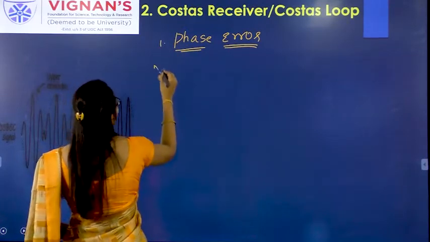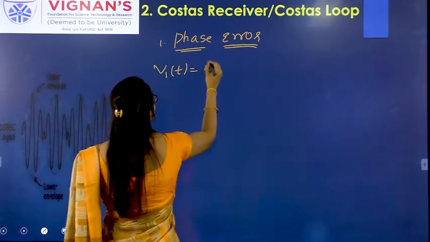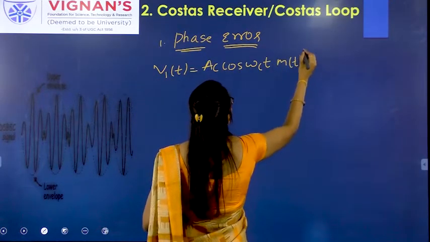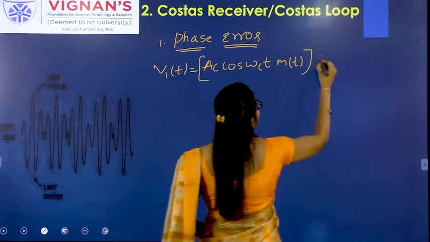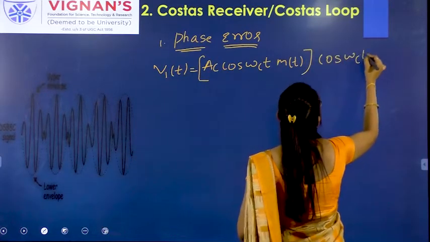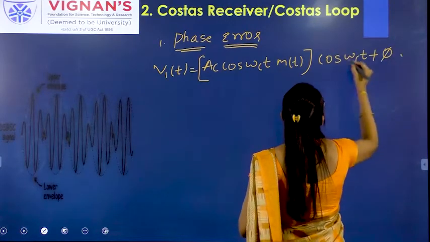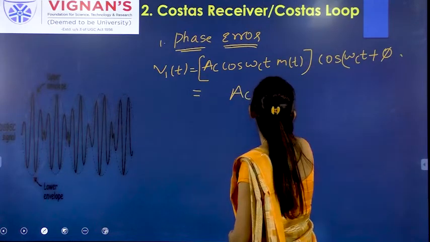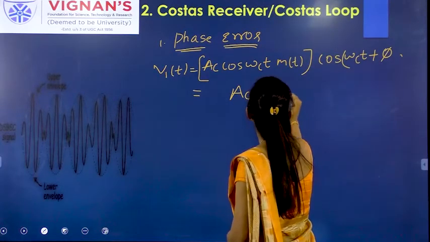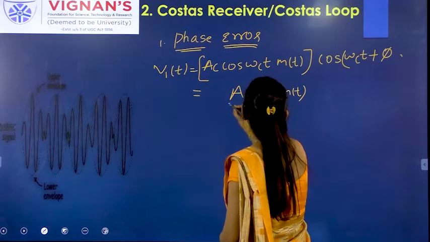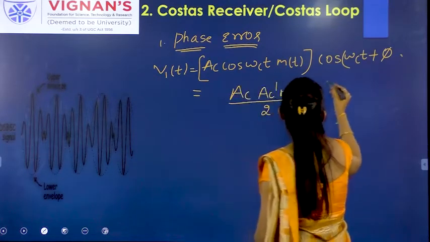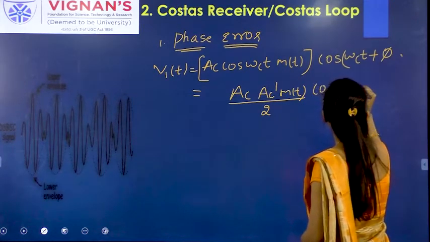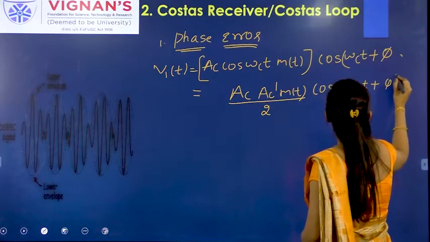So V1 of t equal to AC cos omega ct into m of t, which is multiplied with your carrier signal AC cos of omega ct plus pi. I am writing here plus pi, meaning with some phase error I am denoting. So the output you will get is AC dash m of t by 2 cos 2 omega ct plus pi, right?